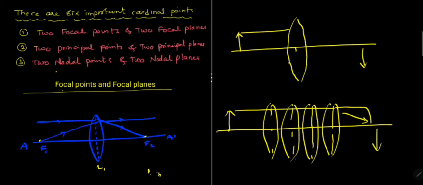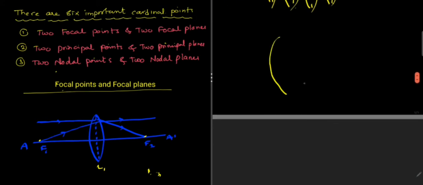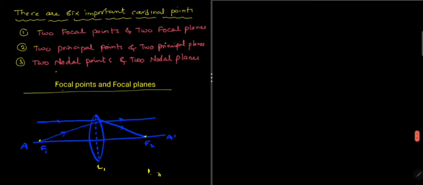In this optical system we are going to use a thick lens of thickness D, where this is the incident surface and this is the refracting surface.